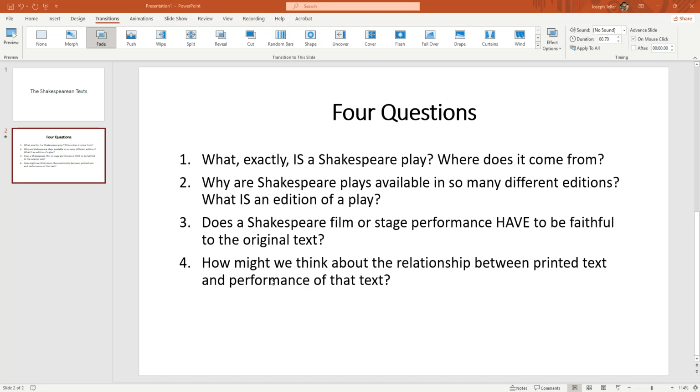It obviously shapes the performance, but then performers adapt and cut and revise and make that text live in their own interpretive way on stage or on film. And that becomes part of the play's performance history. And sometimes that performance history can affect other performances of that play, and sometimes even work its way into textual editions of the play, just as part of the history of that play.